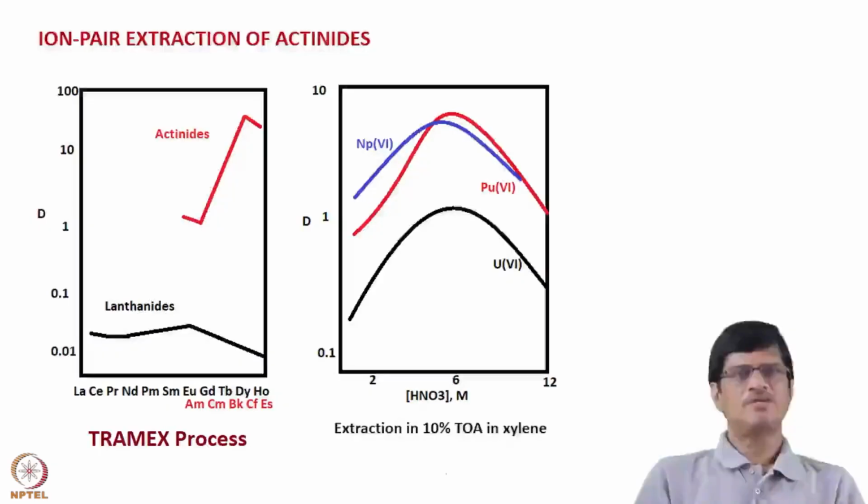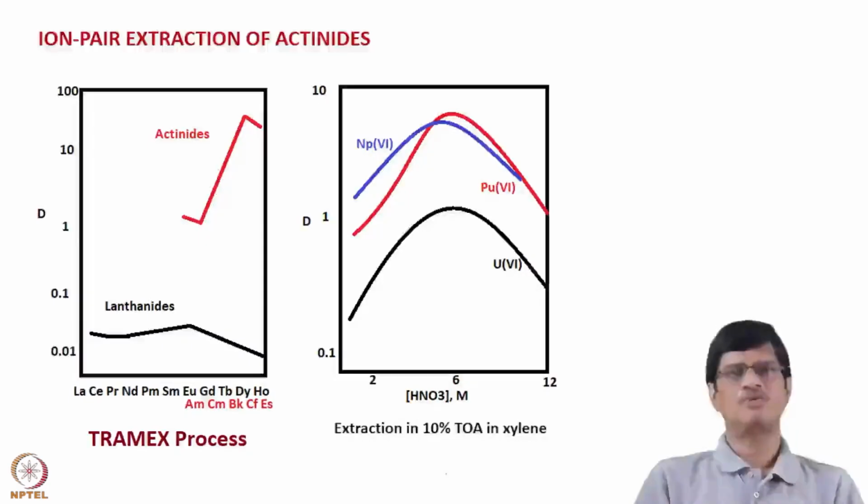Now, another application of this ion pair extraction of actinides is the separation of trivalent actinides and lanthanides, as shown in the left side figure, where 0.6 molar Alamine 336, which is a tricapryl amine, that is a tertiary amine, is used in xylene, and you see the aqueous medium is 11 molar lithium chloride containing 0.2 molar HCl.